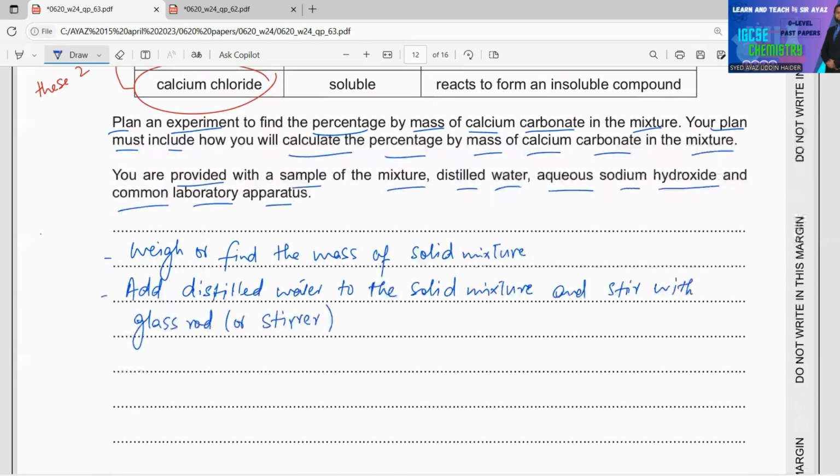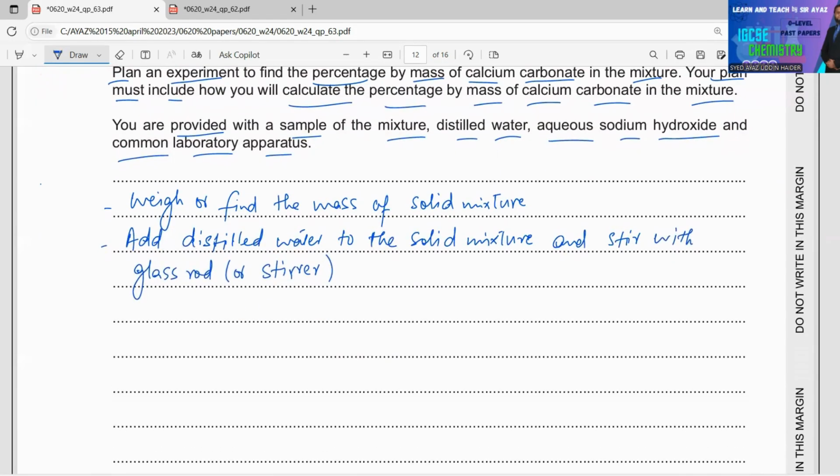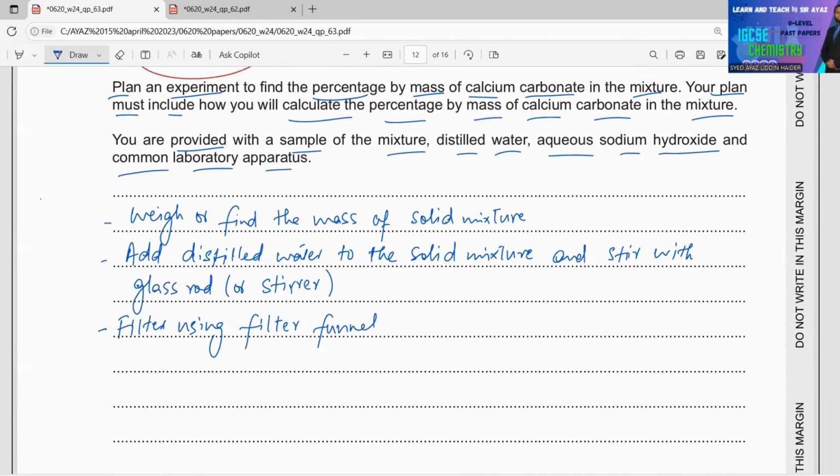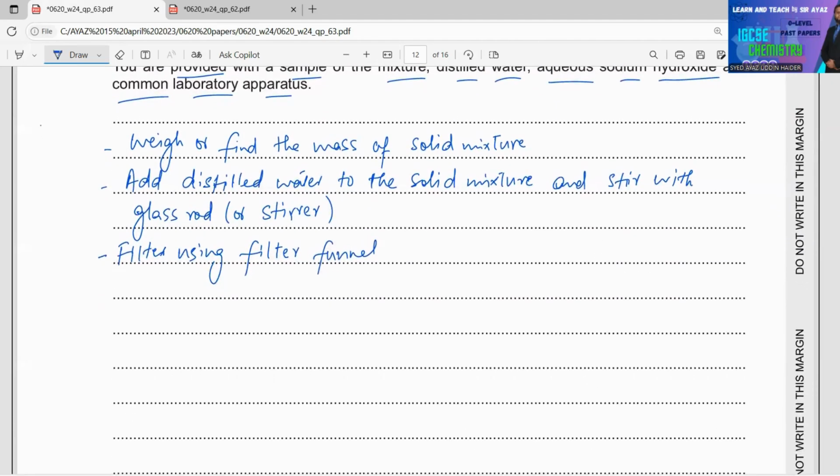Next step, we have to filter using a filter funnel. In this way, we can remove calcium chloride from this mixture. Then we start the next steps with the residue.